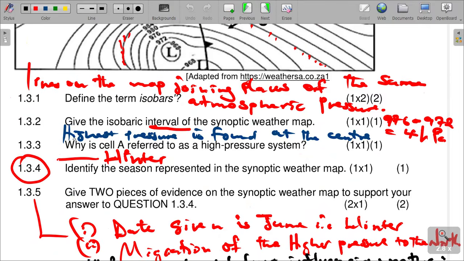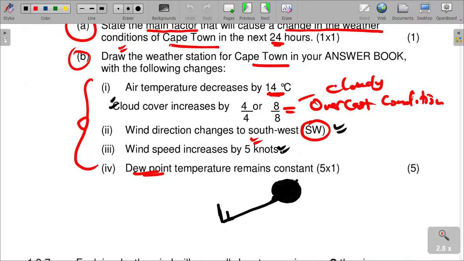The air temperature decreases by 14, so from 18 minus 14, we have got 4.